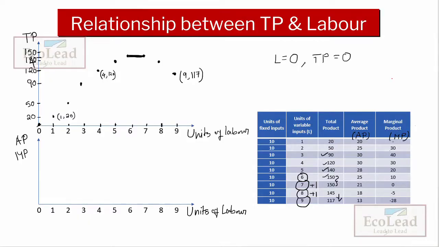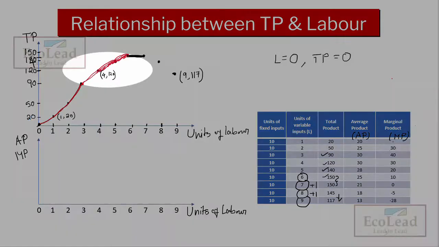Now if we take the locus of all these points, we can see that up to 3 there is an increase in the total product with the increasing rate. From the 3rd unit onward, if we move further, we can see that the total product is increasing, but it has increased at a decreasing rate. This is the area. I have made this area thicker.